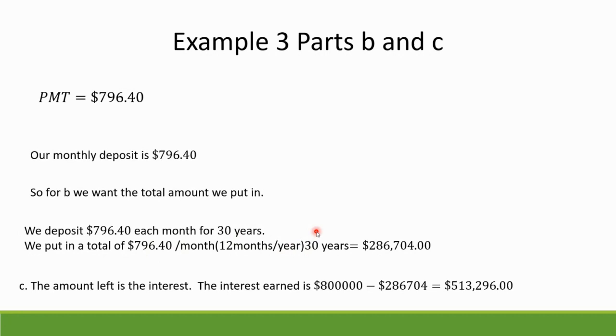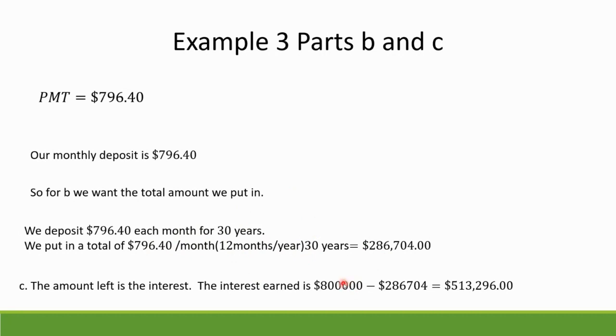Remember, you want to keep the 12 there, mostly because we have months and years. The 12 months per year fixes the unit difference. It's just like the factor label method: 12 months per year, so we multiply by that. Then we multiply by 30 years, and we get this. So we end up contributing $286,704.